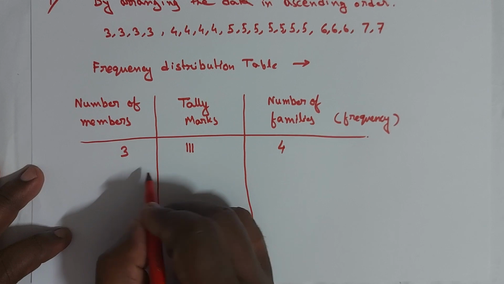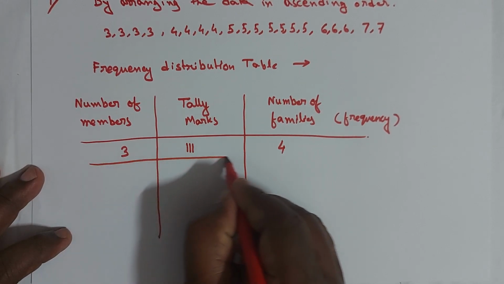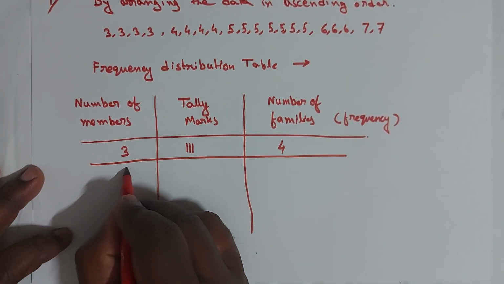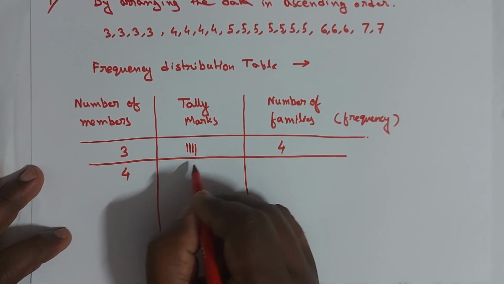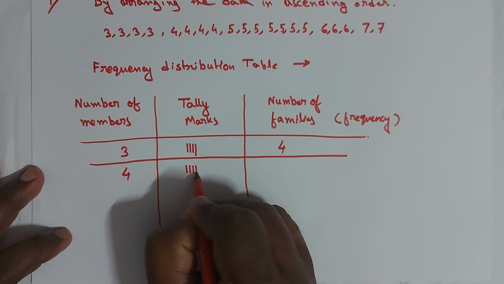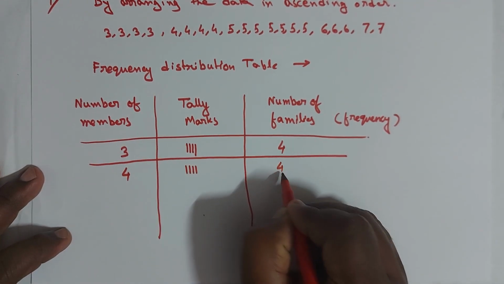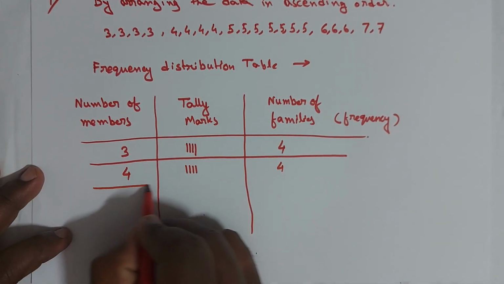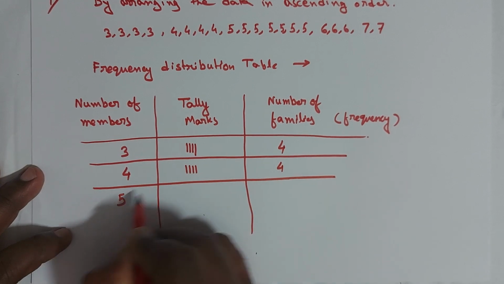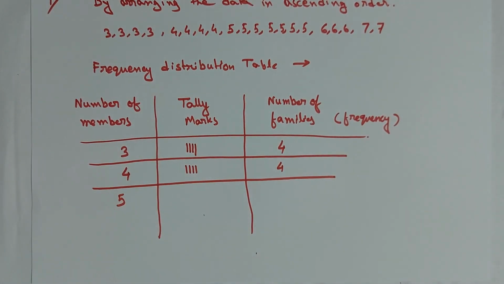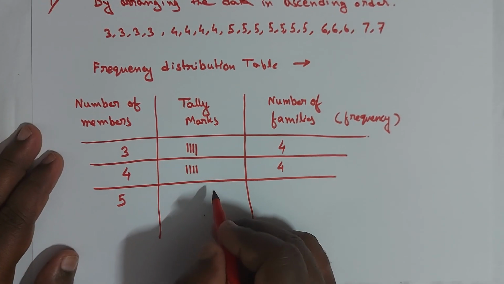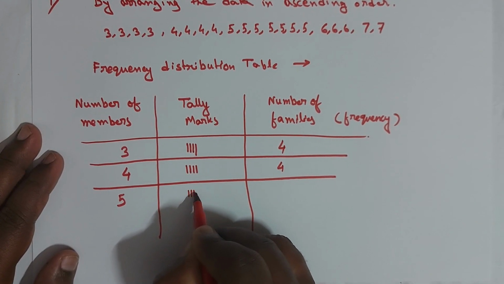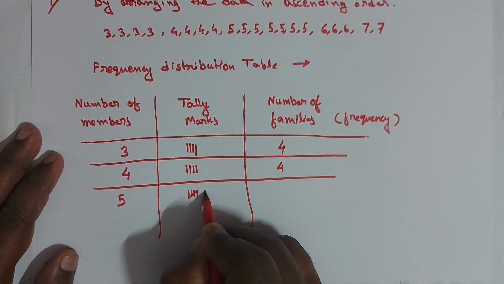Okay, next is 4, which is also 4 times. 1, 2, 3, 4, and this is also 4. Next 5. Tally marks is always according to the frequency. Okay, so 5 is 7 times: 1, 2, 3, 4, 5, 6, 7.